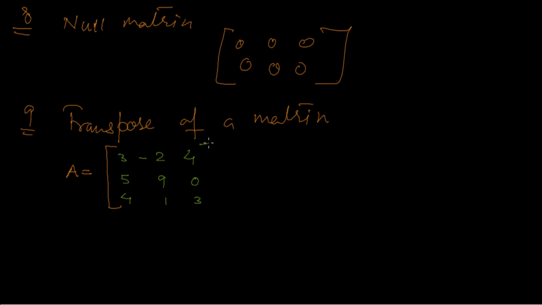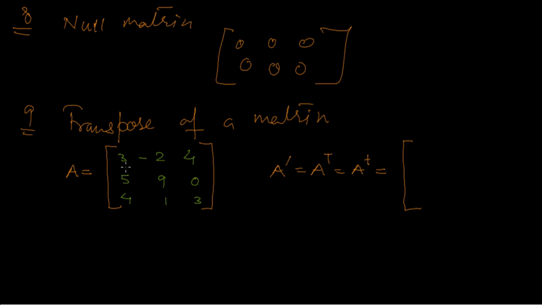We have this matrix and we have to make the transpose of this. We write A transpose, or A T, in this way as the symbol, and we find the transpose of this.